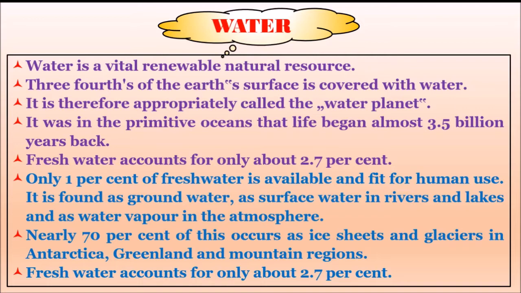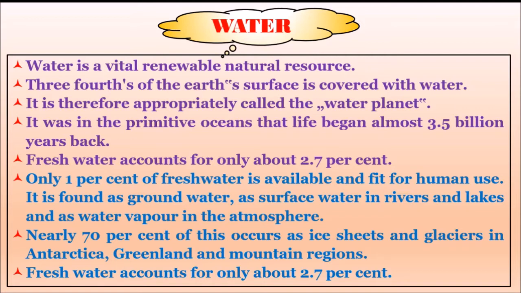However, the waters of oceans can't be utilized for regular consumption because they are saline, they are salty in nature. Fresh water is only 2.7% of the total available amount of water, which is really low.